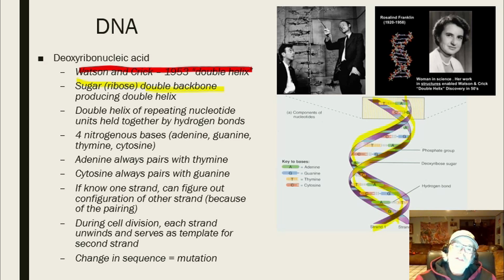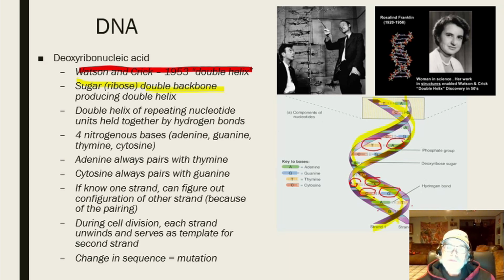Here's a thymine on one strand. On the opposite strand, I have an adenine. Down here, here's a cytosine, and on the opposite strand, I have a guanine. Here's a thymine and an adenine. I can't see the guanine down there, but you could assume there's a guanine on this strand, and the opposite side is going to be a cytosine.